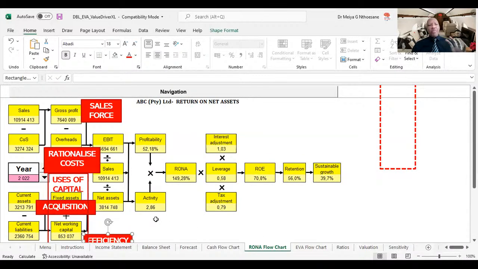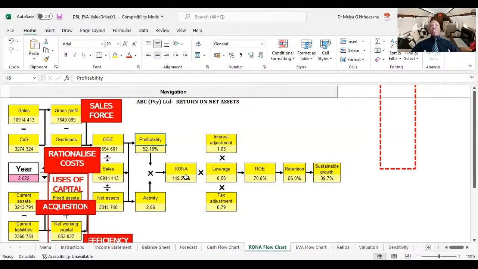Now, bringing this together, the income statement from the profitability point of view and the balance sheet from the activity point of view, that is, how we are acquiring assets and how efficiently we're managing our net working capital. The product of the two communicates to us the return on net assets.